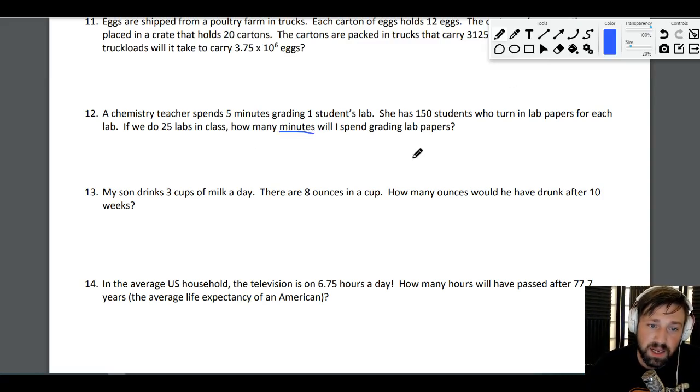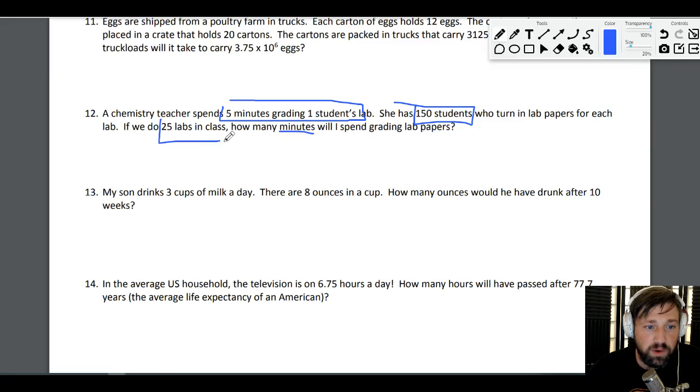So we need minutes, okay? And what are the things we have? 5 minutes for one student's lab, 150 students, and 25 labs in a class. So this is interesting because it's 5 minutes per student lab. So you can kind of think of student and lab as 2 separate units that are both on bottom.